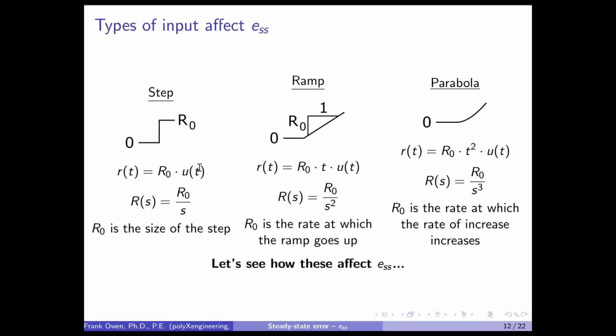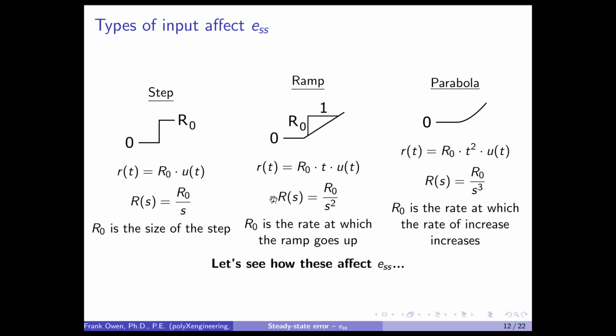So the Laplace transform of a constant times something is equal to the constant times the Laplace transform of that thing. The Laplace transform of u(t) is 1 over s.